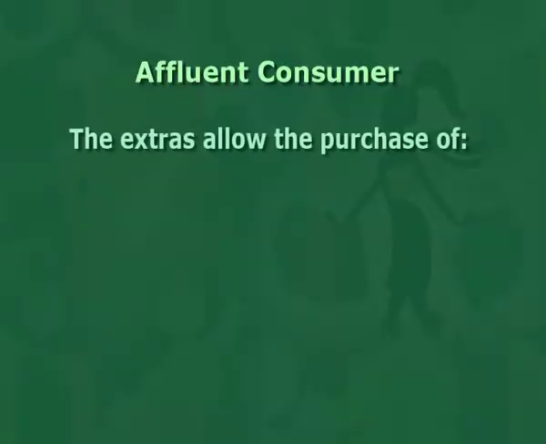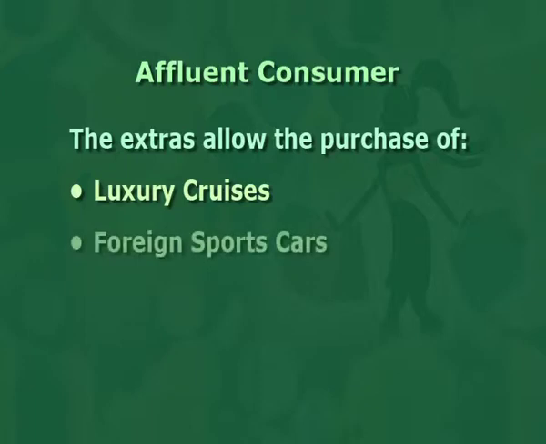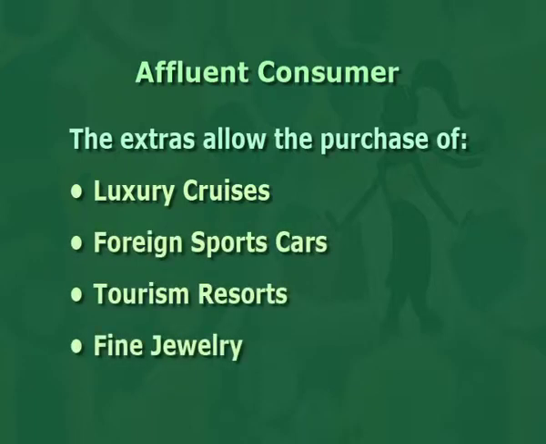Members of the affluent class have incomes that provide them with a disproportionately larger share of all discretionary income. The extras allow the purchase of luxury cruises, foreign sports cars, tourism resorts and fine jewellery.